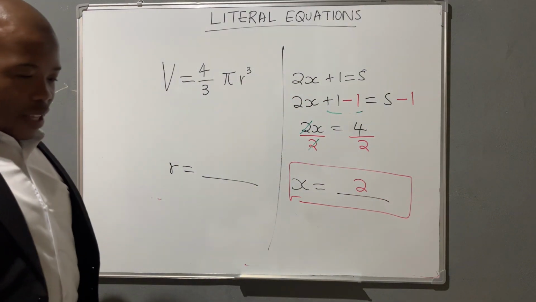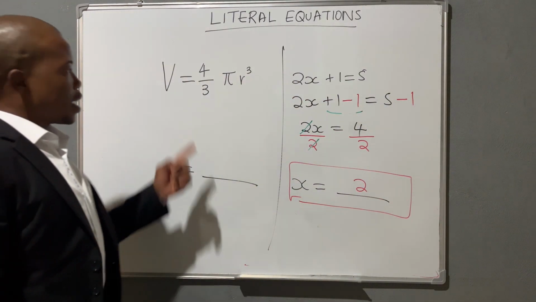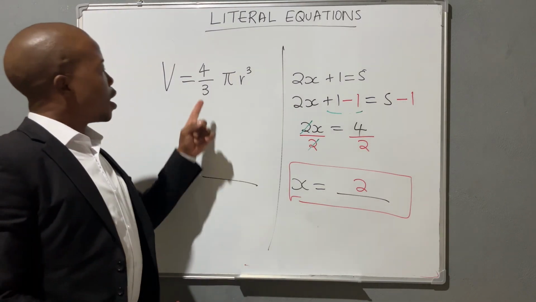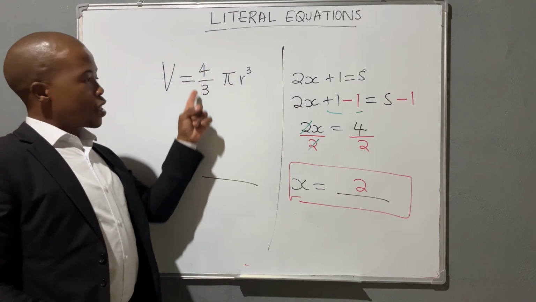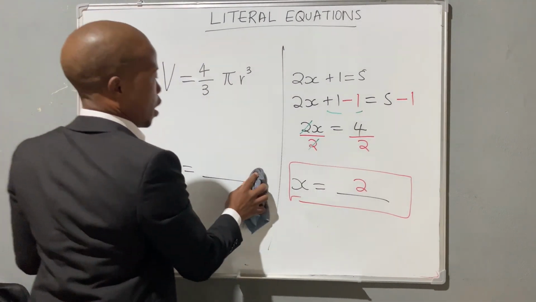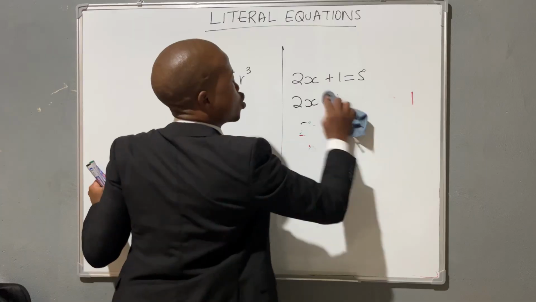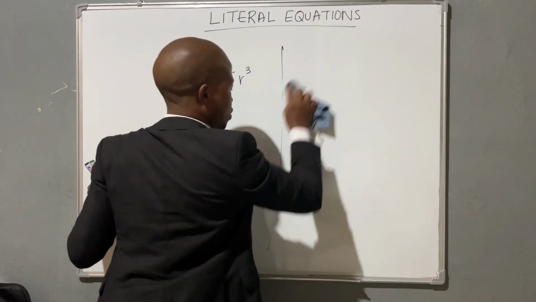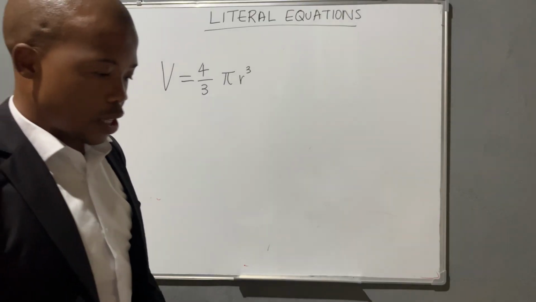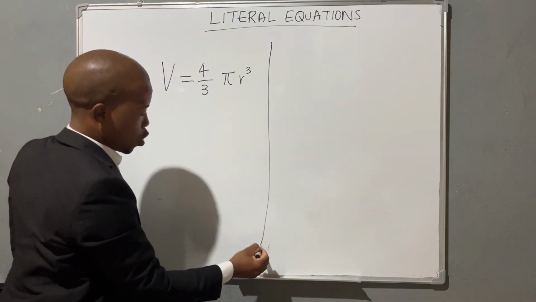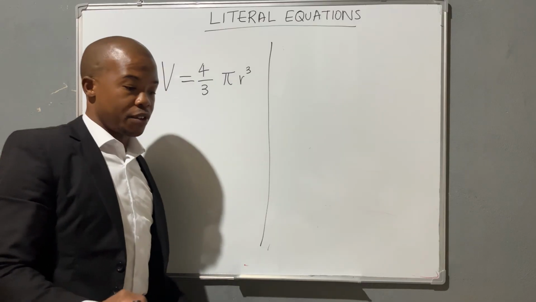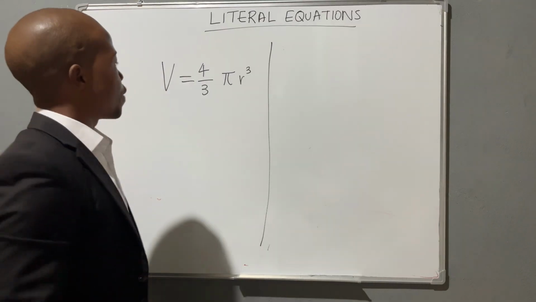The only thing here that I think you might find to be a bit tricky is because of this fraction here, right? Let me just scroll up here to show you what I'm talking about. It means you need to know how to work with your fractions, which you can check in my other videos on how to work with fractions.